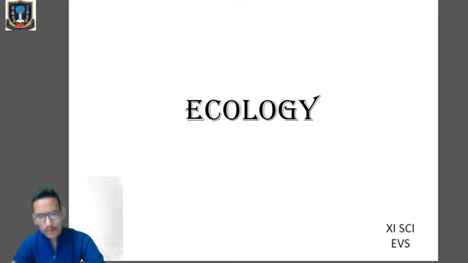So basically, what is a nutrient cycle? We have gone through it also. Nutrient cycle means the tracks that keep the flow of nutrients from the physical environment, that means from where they are present in the air, water, soil, or rock.